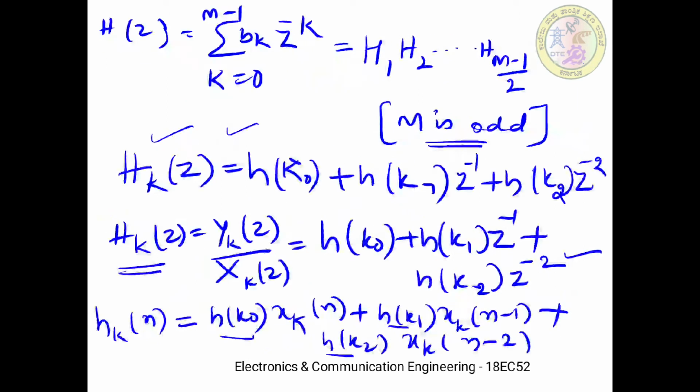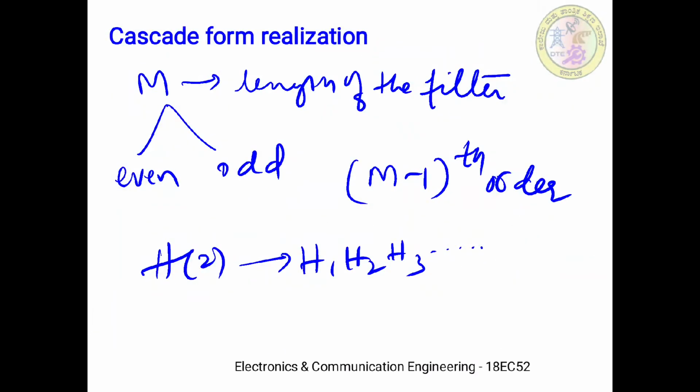So in the cascade realization, it is possible because we can factorize h of z as the product of individual transfer functions, and these h1, h2, h3 etc. are all second order factors.